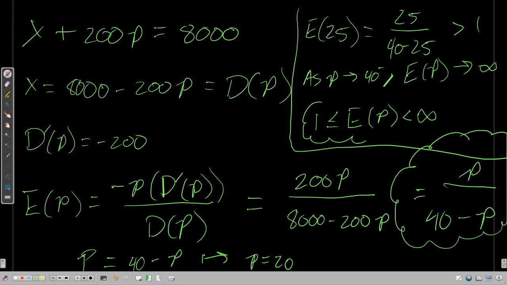So then this gets satisfied. The demand is elastic for all prices between 20 and 40. And it's unit elastic right at 20.